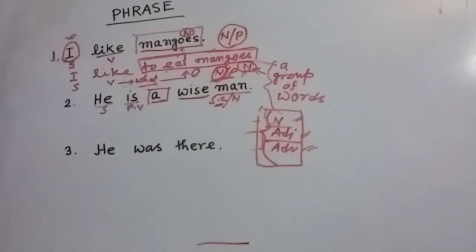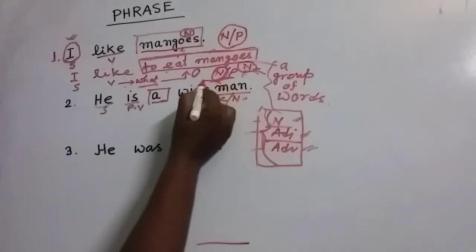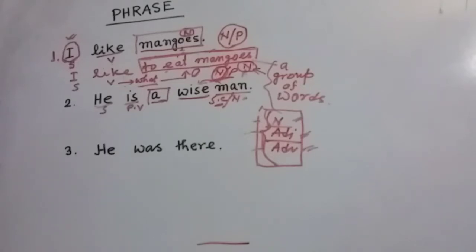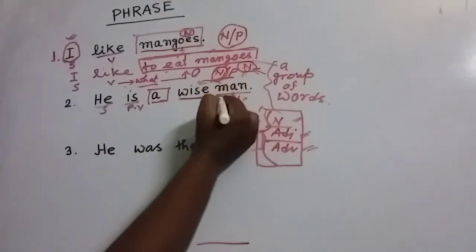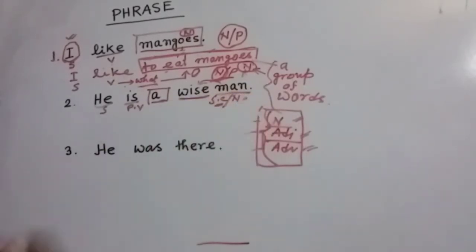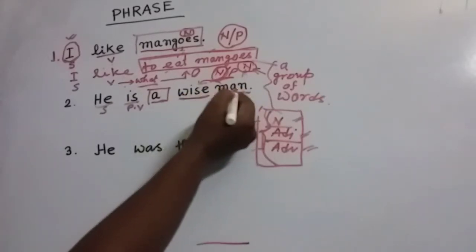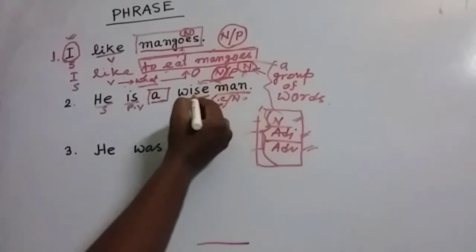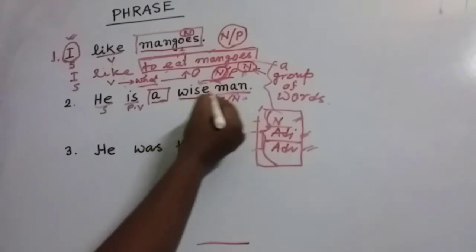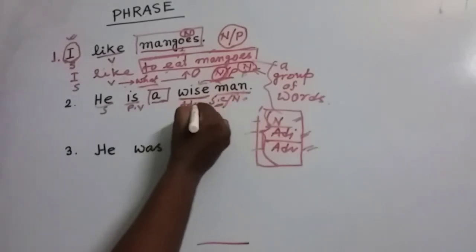My dear friends, as it is a noun, and before that we have placed a word which is saying something about the noun. That means this word is changing the meaning of this word. This is a noun and this word is saying something special about the noun. Or you can say this word is modifying the noun. So obviously it's an adjective.